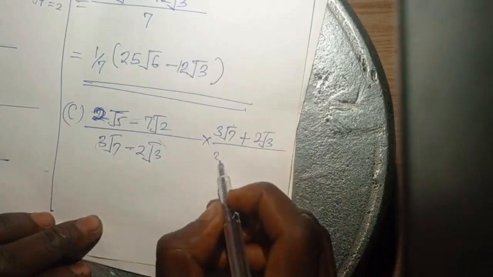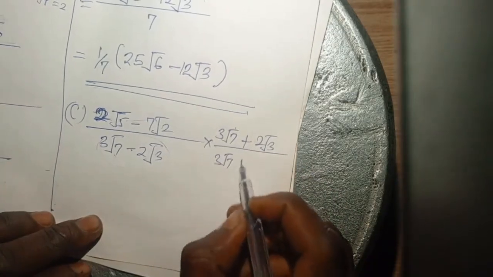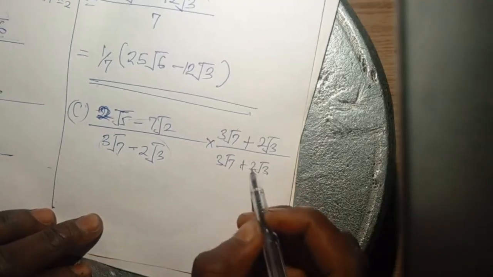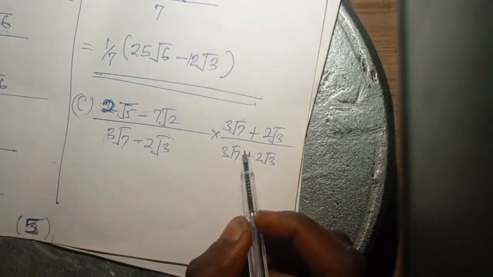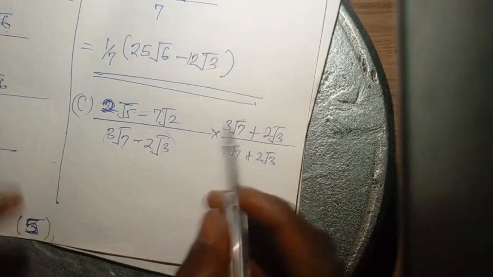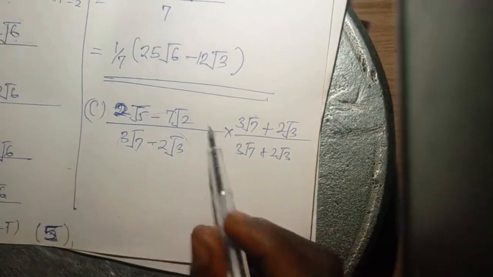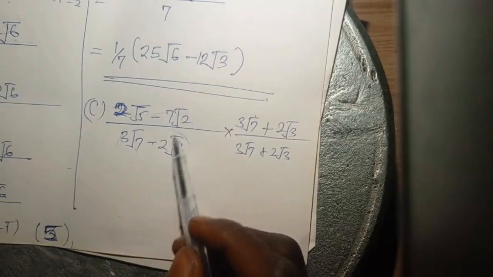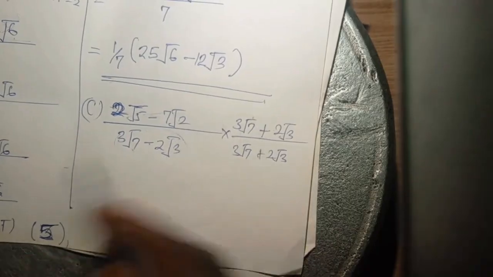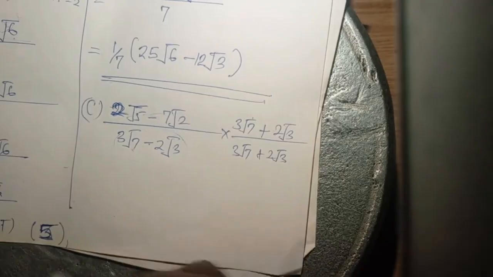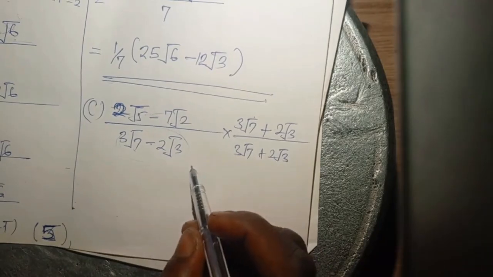Over, copy it again, 3 root 7 plus 2 root 3. Now, even if we do it fast, I think we are following. Since we've done the first ones, A, B, even the last one we have to do in a hurry, and I don't think there will be a problem, right?